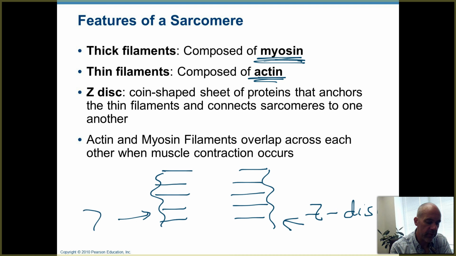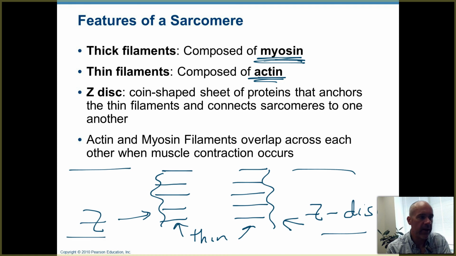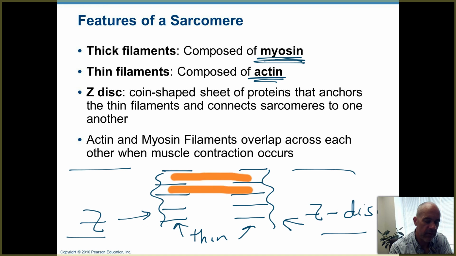That zigzag line, and there's another one over here. These would be thin filaments, anchored into those Z discs. And those Z discs are the borders between one sarcomere and another. What we're going to be learning about is that your actin and myosin filaments, so your thicker myosin filaments, would kind of look like this in the center of the sarcomere, being overlapped by the thin ones.